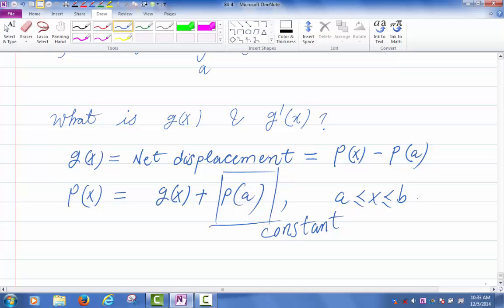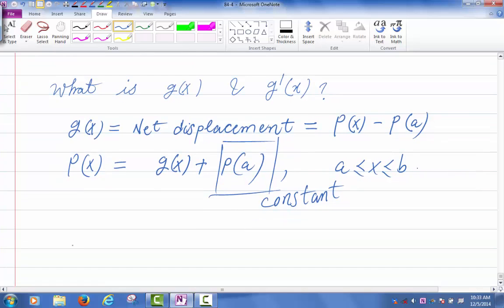Yeah, you just take the derivative on both sides, right? What do you get? You get p prime of x is equal to g prime of x.